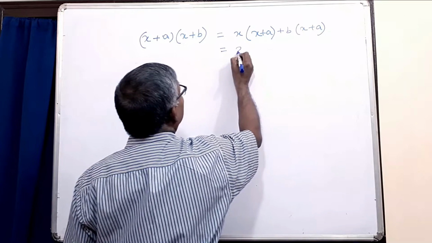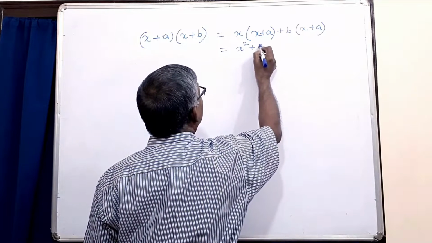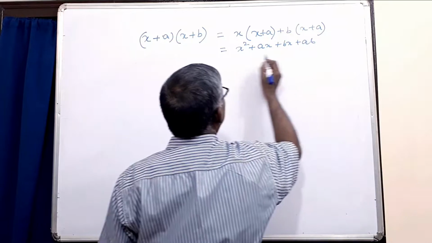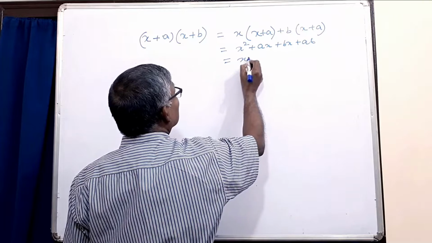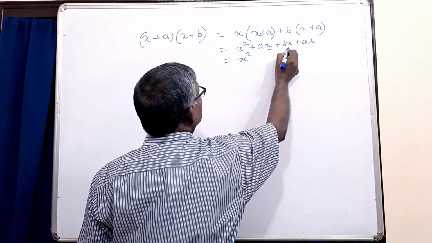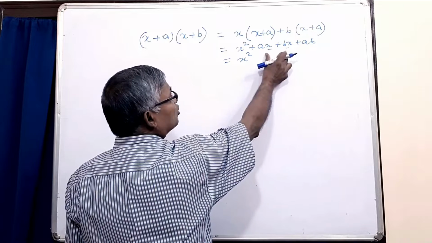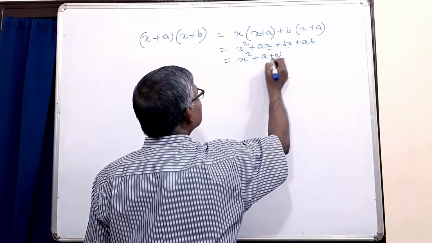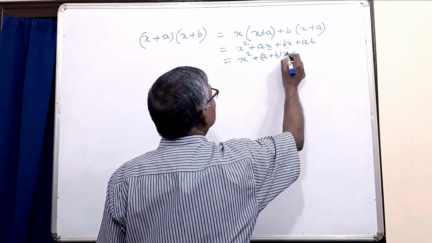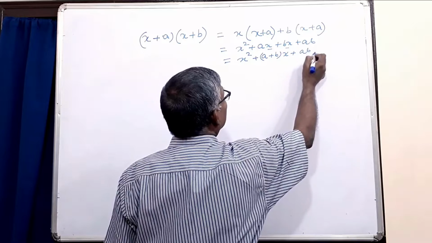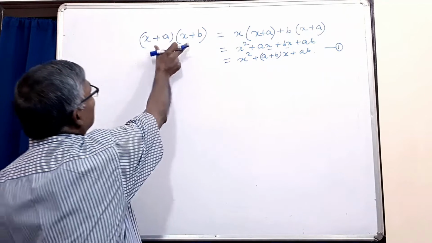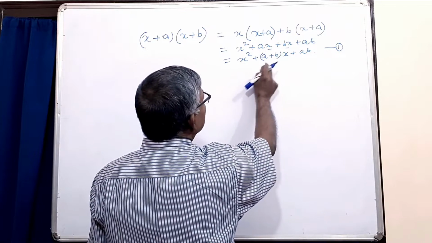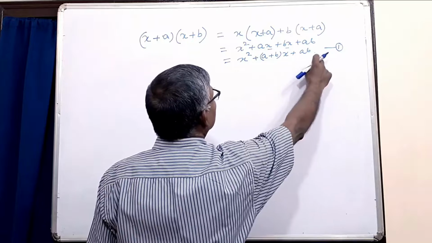So it would be x square plus ax plus bx plus ab. In these two terms x is common, so we can take it common and write it as x square plus (a plus b)x plus ab. So what is the result of this product? x plus a into x plus b equals x square plus (a plus b)x plus ab.